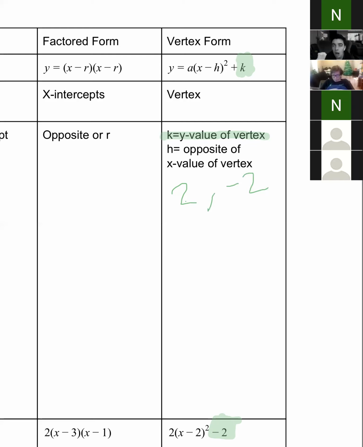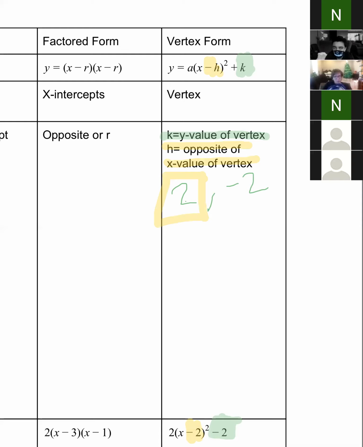So we have the h value of 2, and our x value is then +2. Does that make sense?